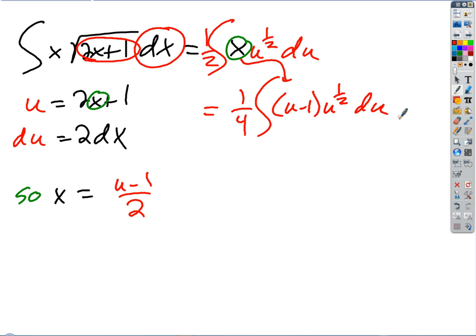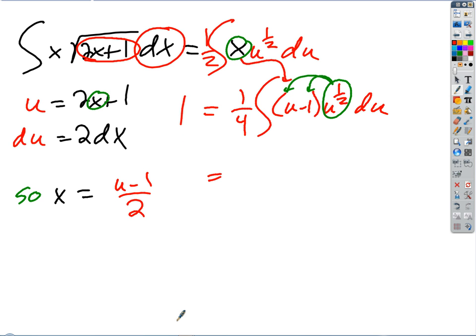Well, I got to be able to take the integral. That doesn't quite look like a standard form yet, but this looks more like stuff you've already done. I could distribute, couldn't I? What if I distribute the u to the 1/2 over that binomial? That's not a big deal. I'm just going to get powers of u, aren't I? Fractional powers, but that's all right.